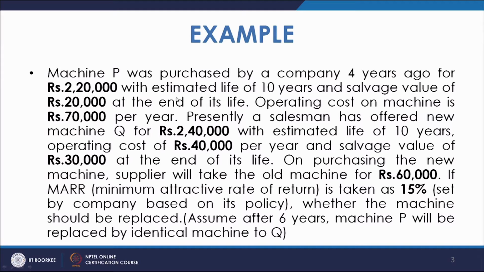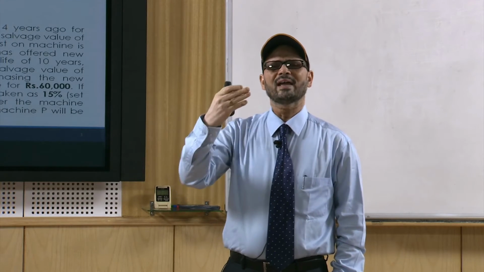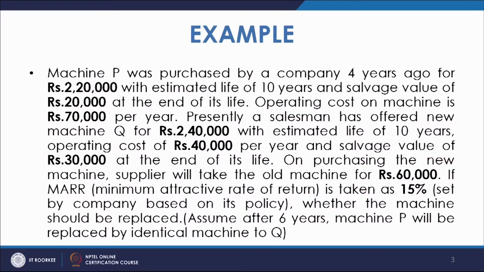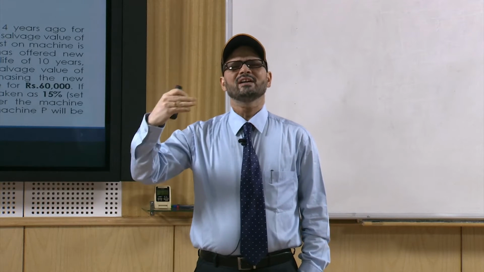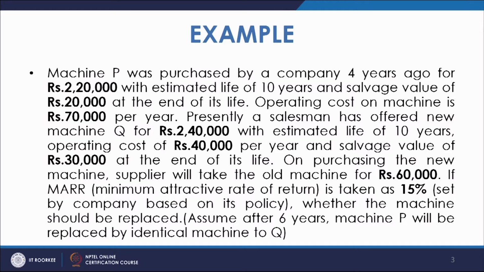It was purchased 4 years ago, which means the machine can further be used for another 6 years. The machine has a salvage value of rupees 20,000 at the end of its life, that is, after 6 years from now.